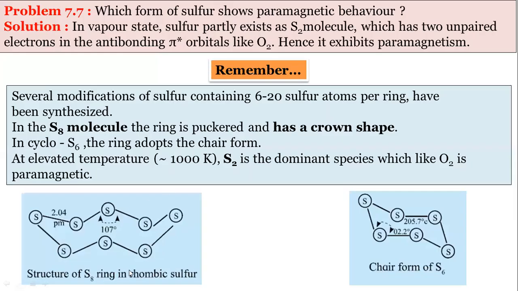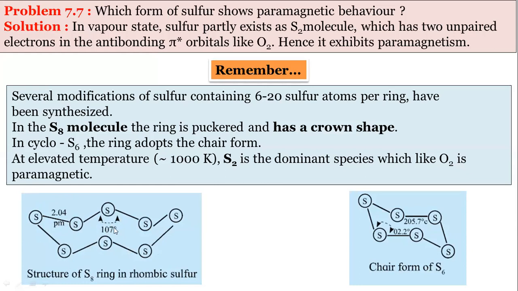See, this is the structure of rhombic sulfur. It is a puckered ring structure, 1, 2, 3, 4, 5, 6, 7, 8. So this is an S8 molecule. The sulfur bond length is 2.04 picometer, and the angle between sulfur atoms is 107 degrees.